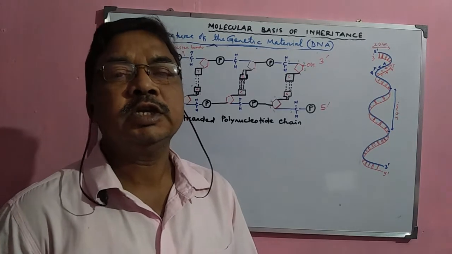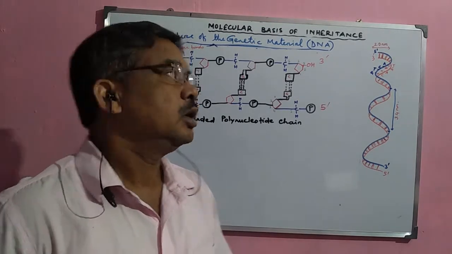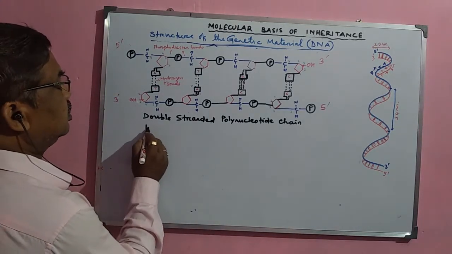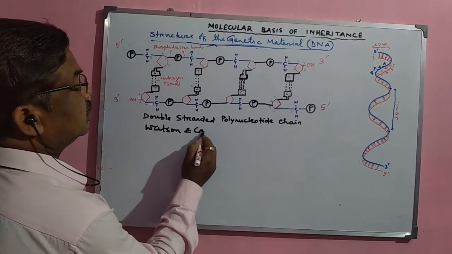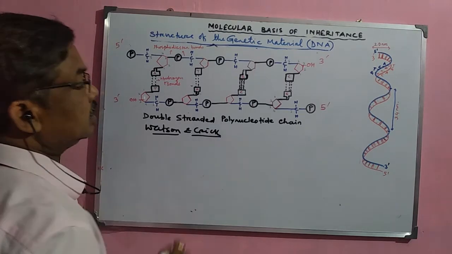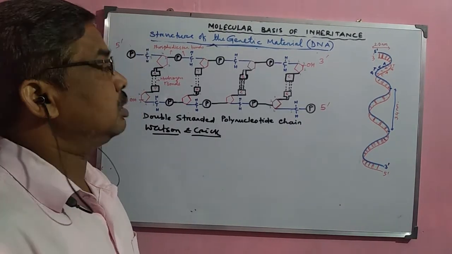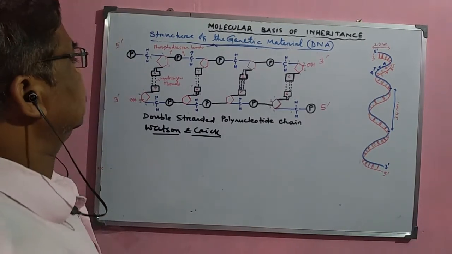Now, we shall discuss the structure of the DNA molecule in detail. This structure of the DNA molecule was established by two famous scientists, Watson and Crick. According to their model, the DNA molecule is double-stranded and helical in nature.